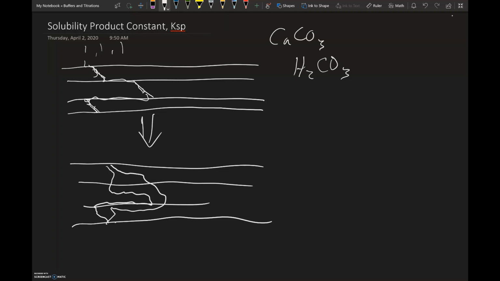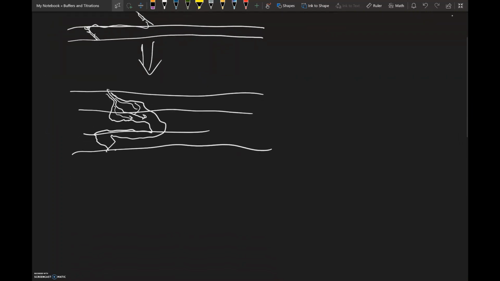So the chemistry behind this is how these caves form as the water travels down through and dissolves the surfaces and forms these cavities. It's the equilibrium that tells the story of why this takes place. When we talk about Ksp, the solubility product constant, we're studying the equilibrium at play here.